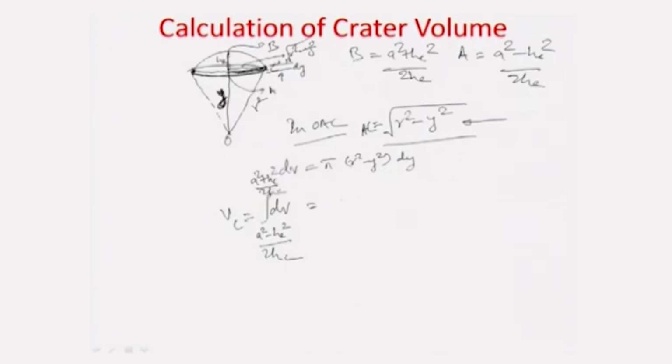So this comes out to be pi by 6 hc (3a square plus hc square) centimeter cube.